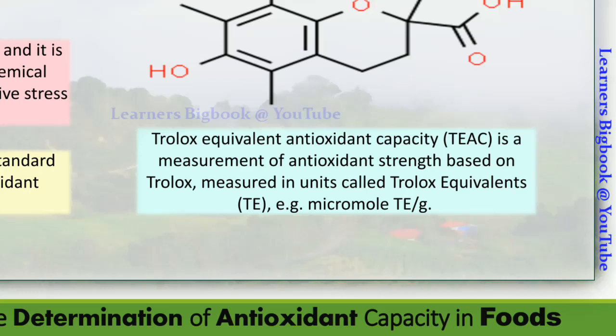There are many calculations which have been adopted in different research papers. According to that calculation method, they take the result of the antioxidant present in the sample and compare it on the graph of the Trolox standards.